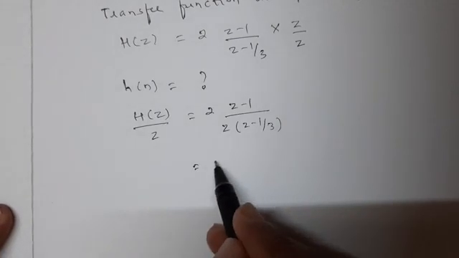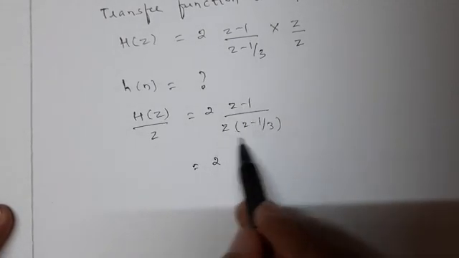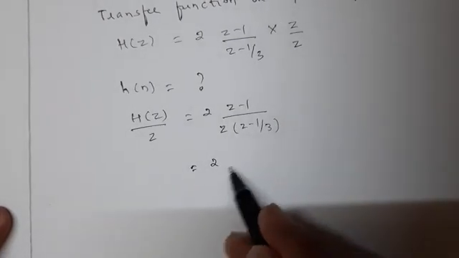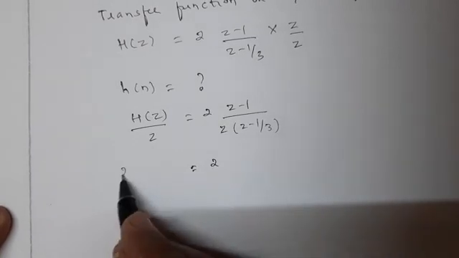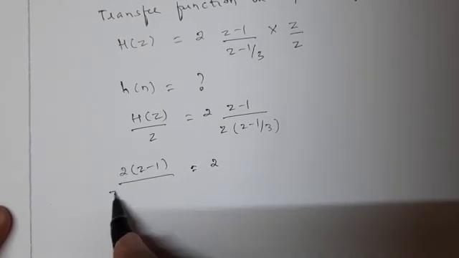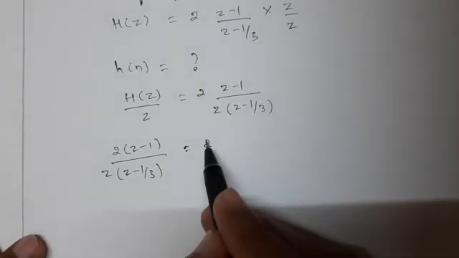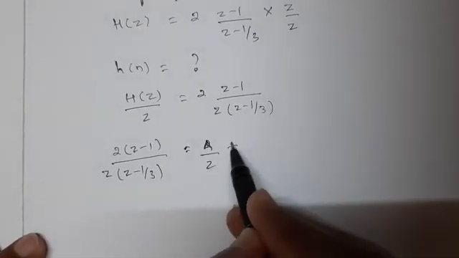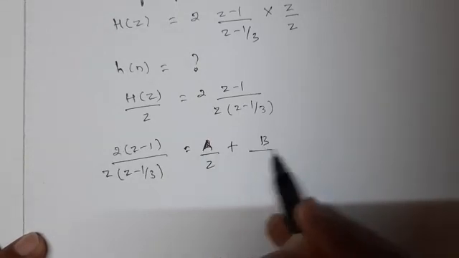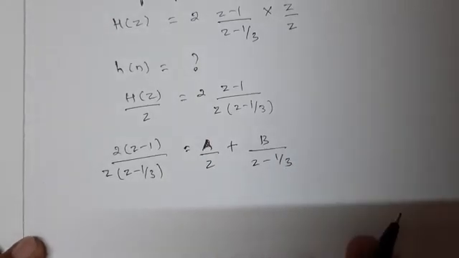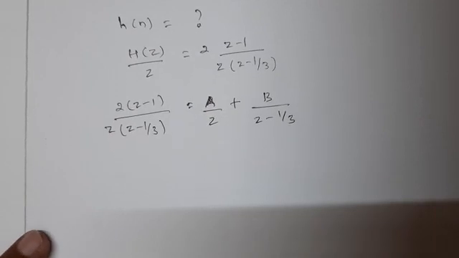Okay, so now this is a rational function. So you can write it as 2z minus 1 divided by z, z minus 1 by 3 is equal to a divided by z plus b divided by z minus 1 by 3. Am I right?